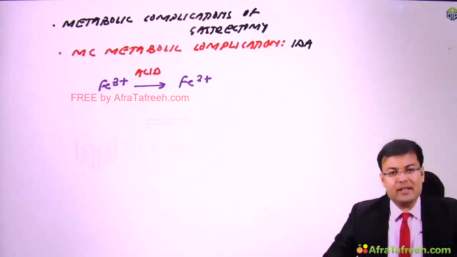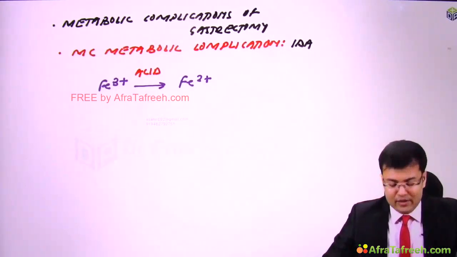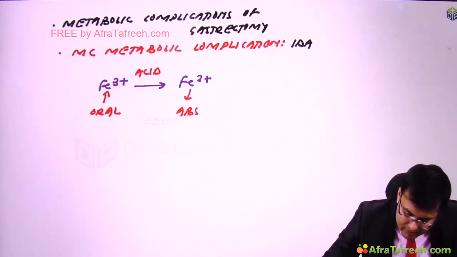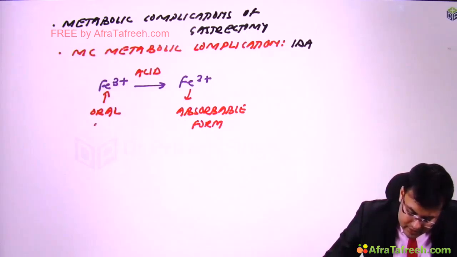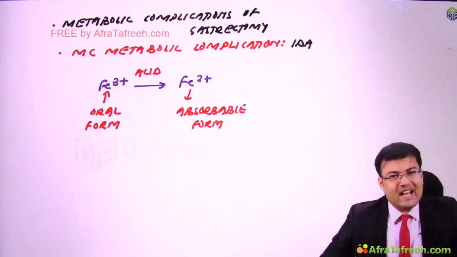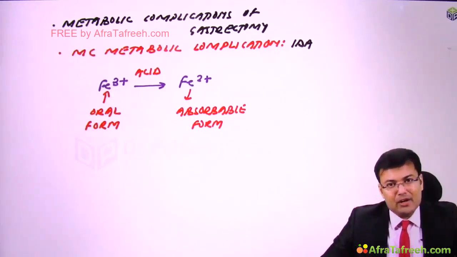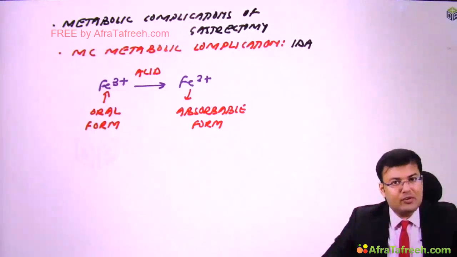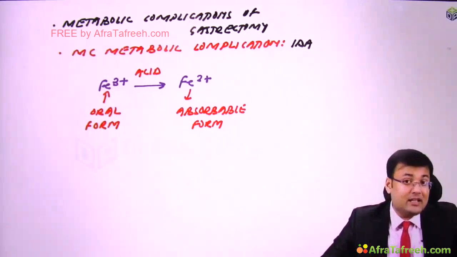So this is Fe3+ form converted into Fe2+ form because of acid, and this is the absorbable form, and the Fe3+ is the oral form. What is the problem? Whenever there is decreased acid production because of gastrectomy, there is lesser conversion of Fe3+ into Fe2+, and because of that there is lesser absorption.